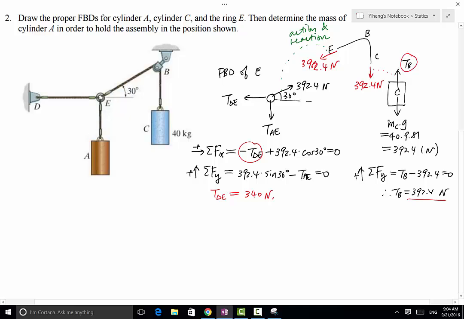But what interests me is to solve for force TAE, because eventually I want to solve for the mass of cylinder A, and TAE, this tension force, is related to the weight of cylinder A. So TAE solved from the second equation equals 196.2 Newton.